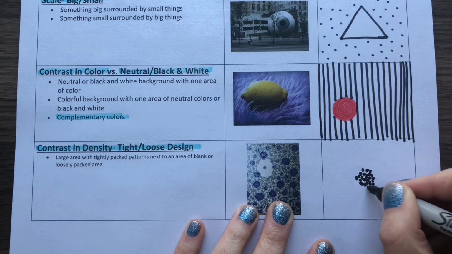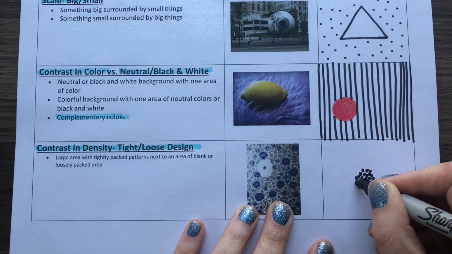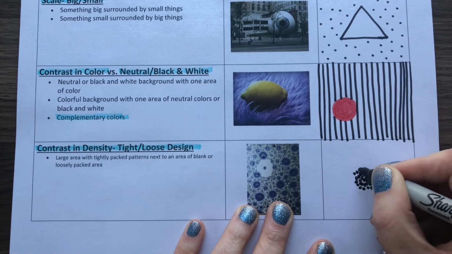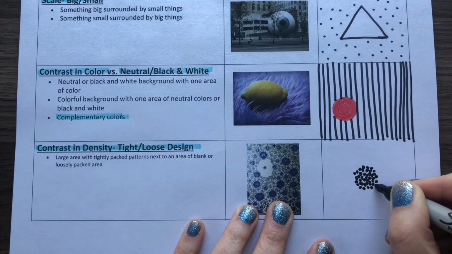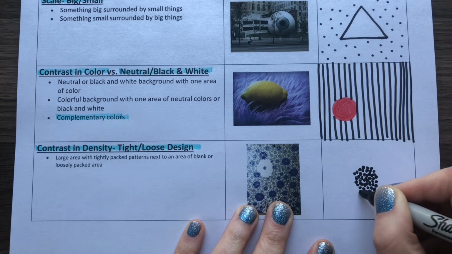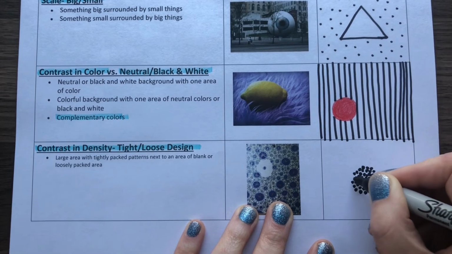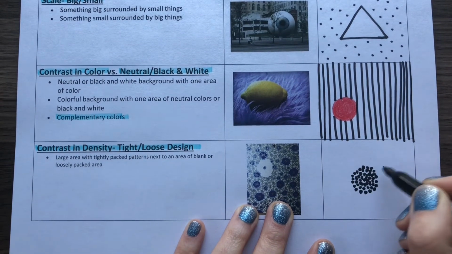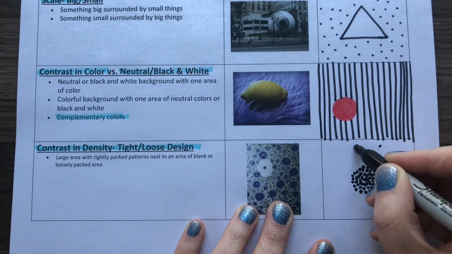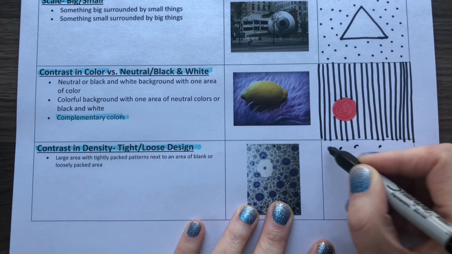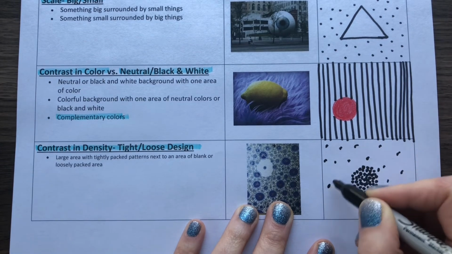Sorry if the camera's shaking a little bit. I'm going to have one area where it's really dense, and then the rest of the areas where it is not as dense. You can always do this and then look at it and decide whether you need more or less, because our goal here is to have one area stand out, right?